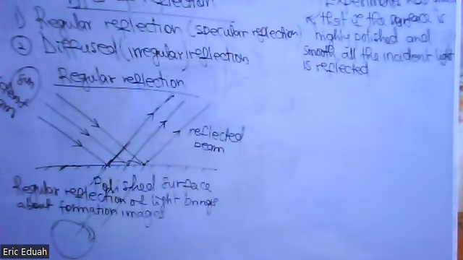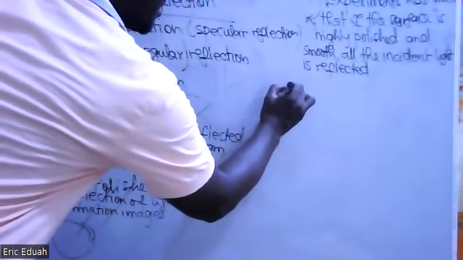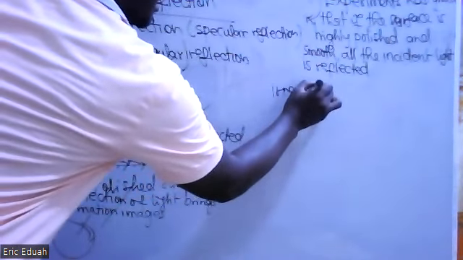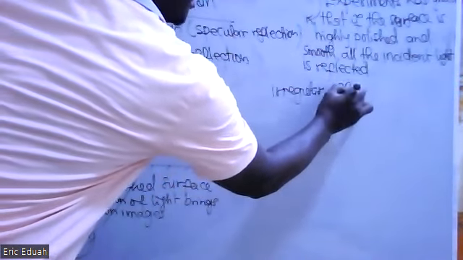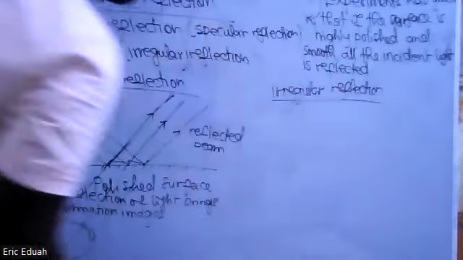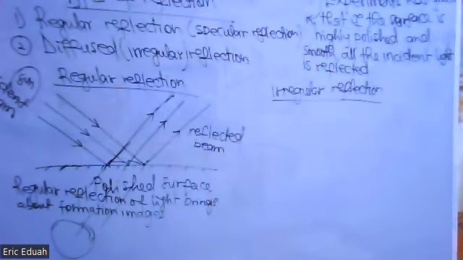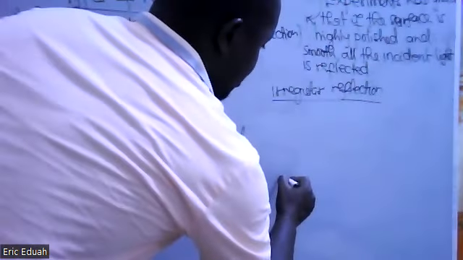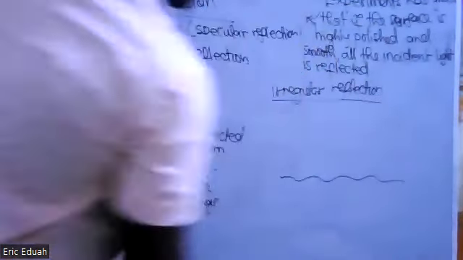Now, irregular reflection. Irregular reflection, on the other hand, occurs on rough surfaces.